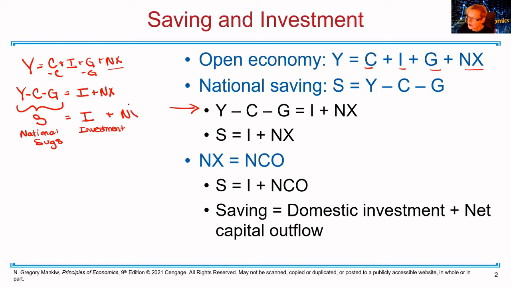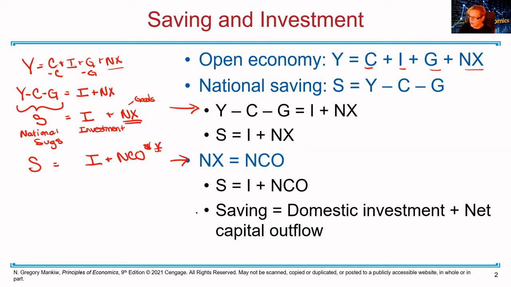Now, net exports is more of a good, and what we want to do is change this variable right here so that we end up with national savings is equal to investment plus net capital outflow, because that's like the dollars or the foreign currency, depending on which one it is.